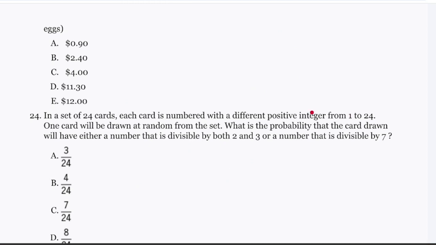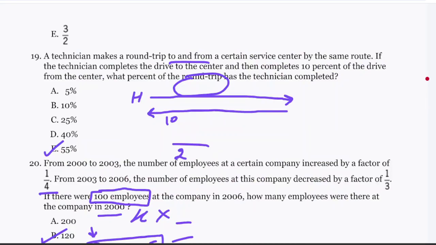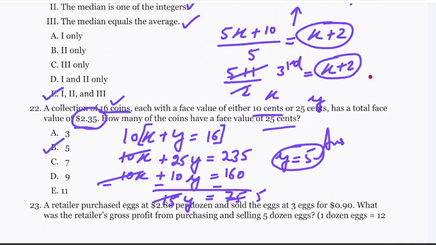I'm saying the cost price of 1 dozen of eggs, CP, that is $2.80, right? It was 2.80, no? Yeah, it's 2.80. And sold the eggs at 3 for 0.90.